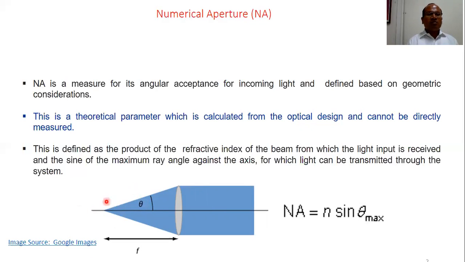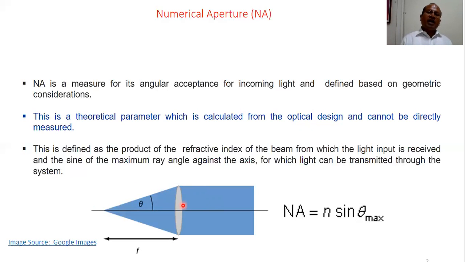Beyond this, if the beam enters the cable, look at the cursor, it will not be propagating. Why will it not propagate? Because it will not satisfy the conditions of total internal reflection, that is TIR.